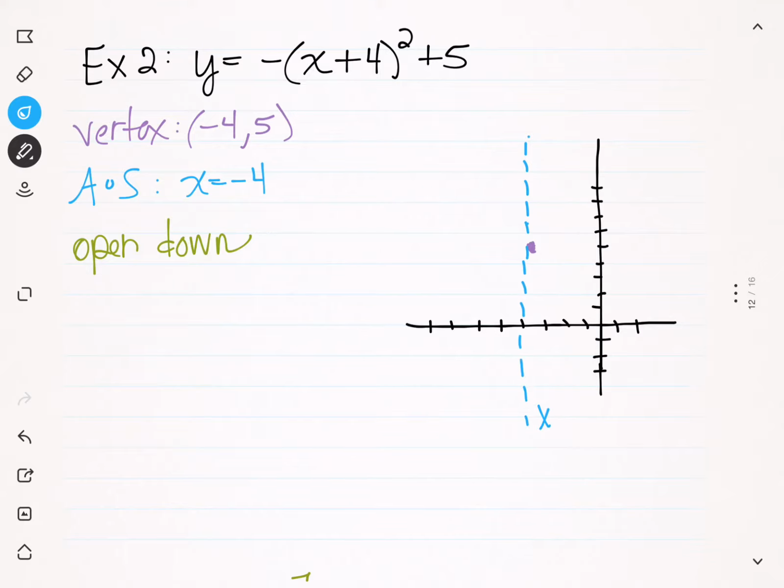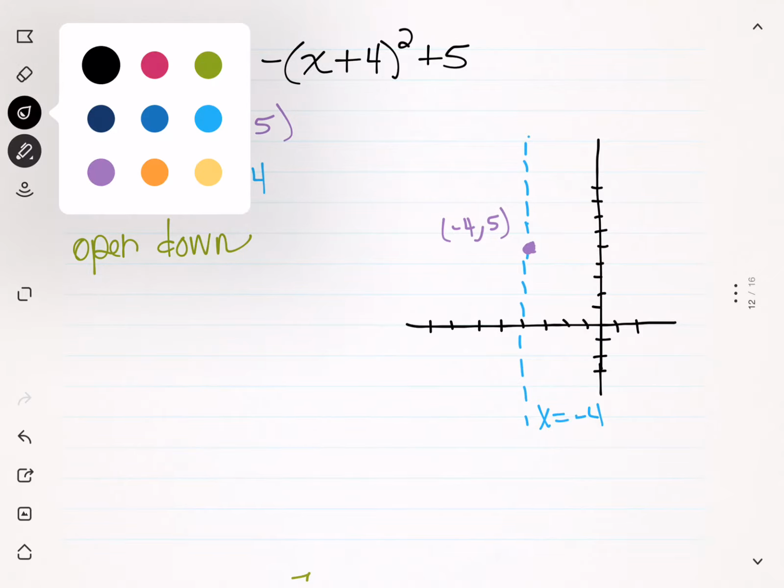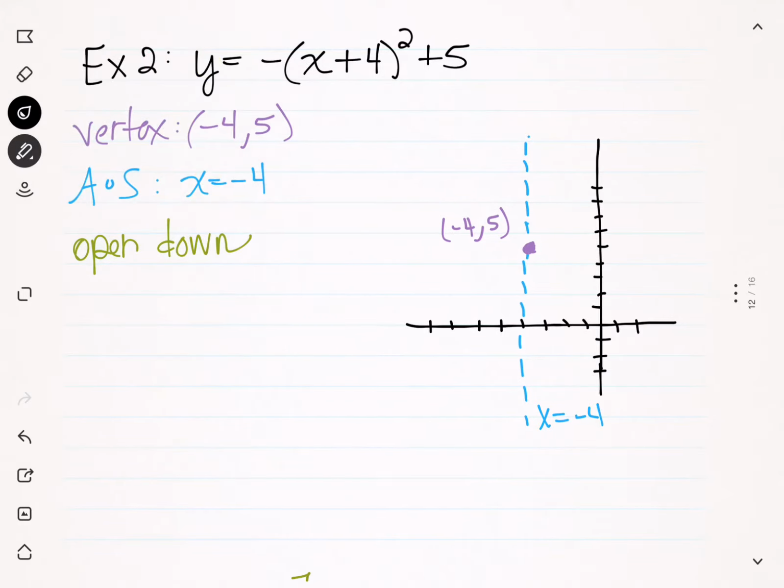And I'm going to label that x equals negative 4. Okay, I'm going to also label my vertex. My vertex is negative 4, 5. Now our next step is to choose 2 points on the left side, or excuse me, the right side of our vertex. Choose 2 x values, and we're going to use those to make a table here.